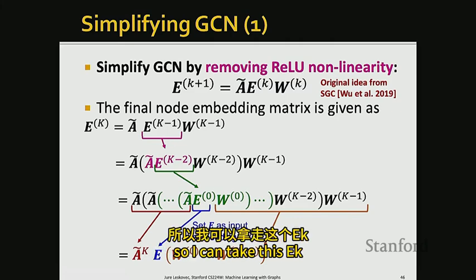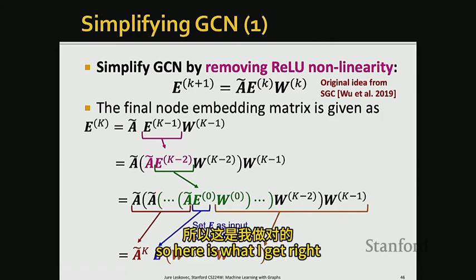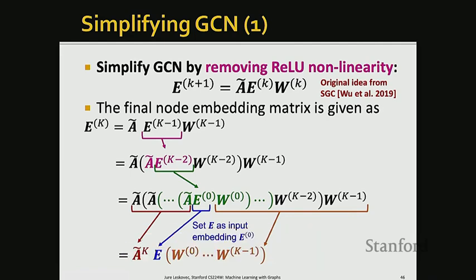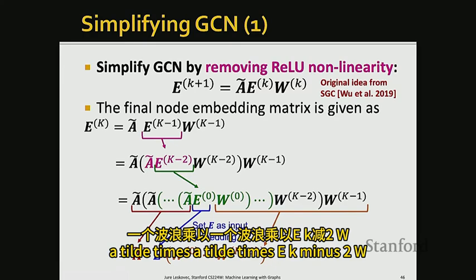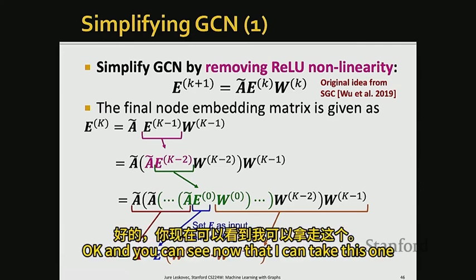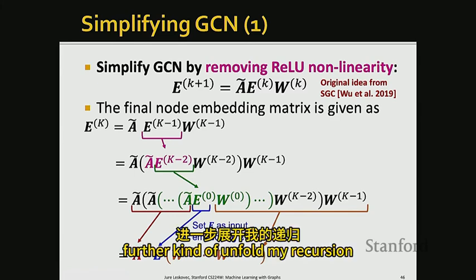So I can take this E_k and throw it into that E_k. So here is what I get, right? And now I can expand this and I get A tilde times E_{k-2} W_{k-2} W_{k-1}, okay? And you can see now that I can take this one and further unfold my recursion, okay?